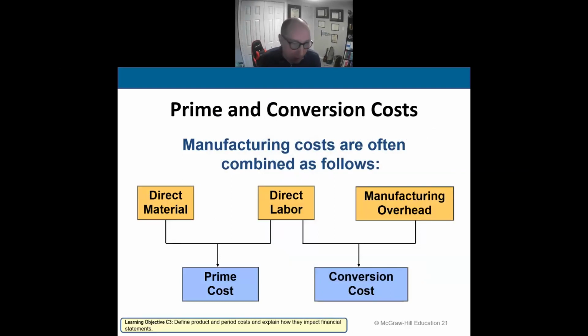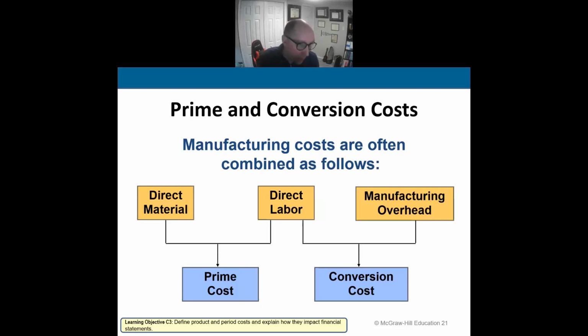Here's some more classifications of cost. Direct materials and direct labor are also called prime costs.